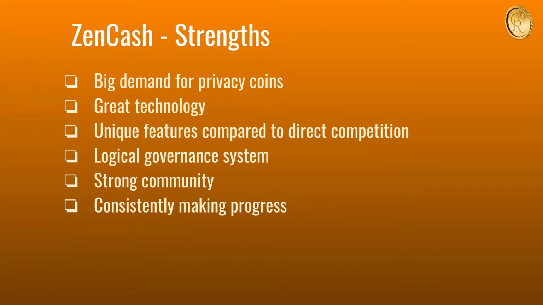Strengths. There's big demand for privacy coins. The huge benefit of using a blockchain as opposed to just having a centralized database is that the blockchain allows you to decentralize everything, set up governance, and use this cryptocurrency so that it's censorship resistant.